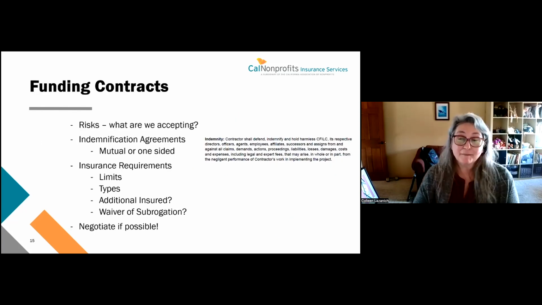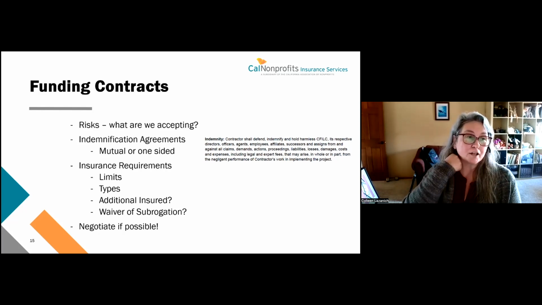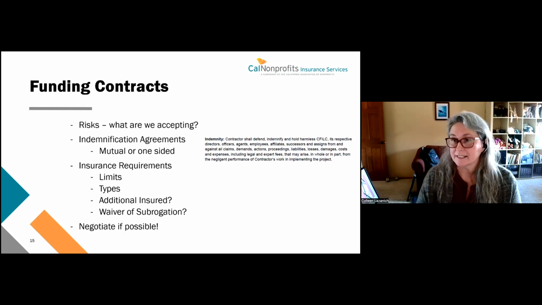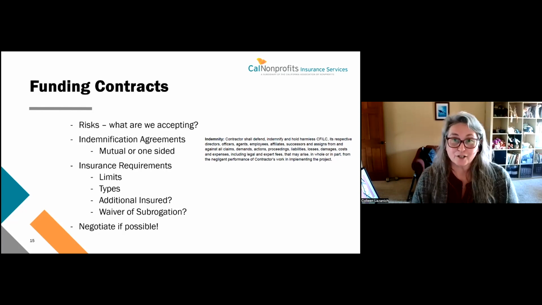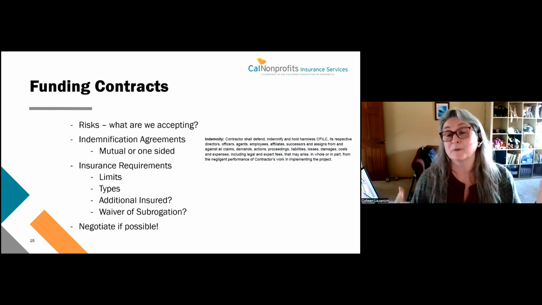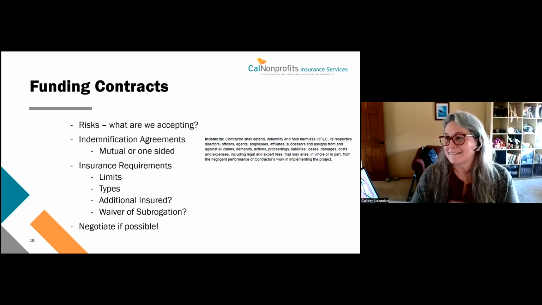Funding contracts. So I mentioned contracts in the beginning, but funding contracts are something that we see a lot. What you need to ask yourself when you're signing a funding contract of any kind, or any contract, but really this is where we see people say, we want that grant, we want that money, we need this, and they sign.